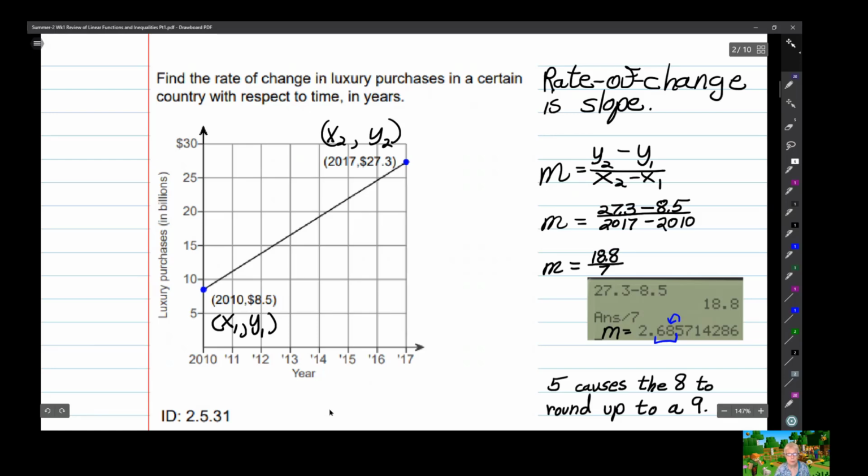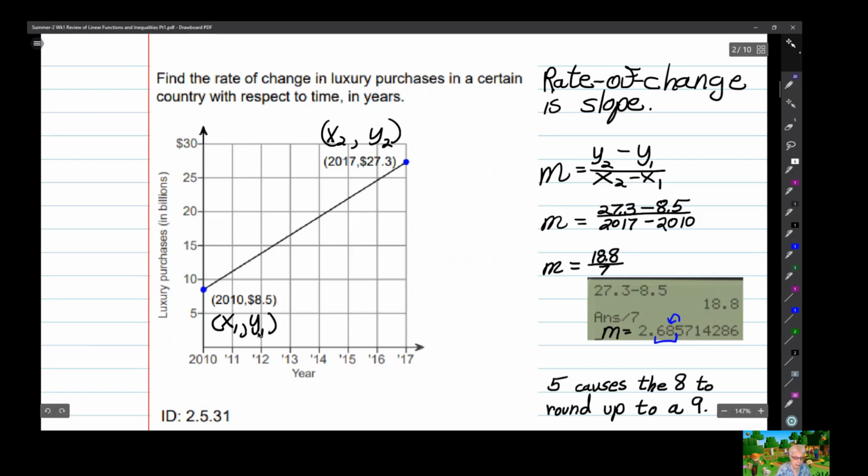We're being asked to find the rate of change, that is the slope of this line. So I'm going to be using the formula m equals y2 minus y1 over x2 minus x1. That's the rate of change.